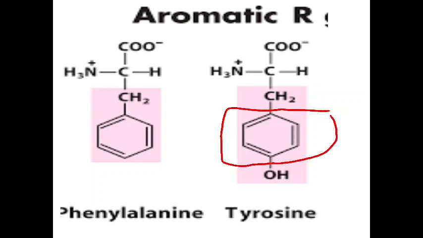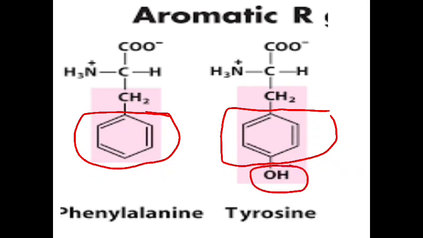We said that a benzene ring does not dissolve in water. But now it has this group, which makes the amino acid polar, able to dissolve in water. So this tyrosine is polar. It is hydrophilic. It can dissolve in water because of the hydroxyl. But phenylalanine does not dissolve in water because of the benzene ring only. It doesn't have a hydroxyl.